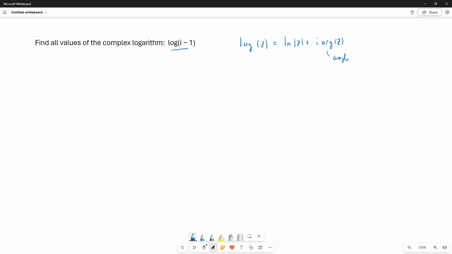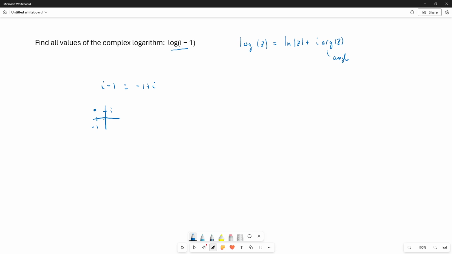So in our case, i minus 1 is our complex number here, and that's the same as negative 1 plus i, which is in the second quadrant.